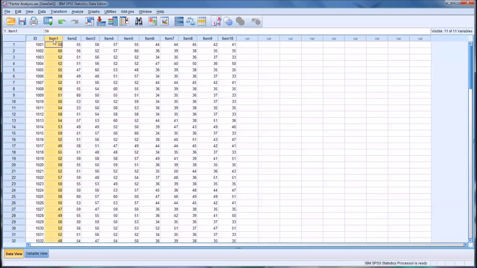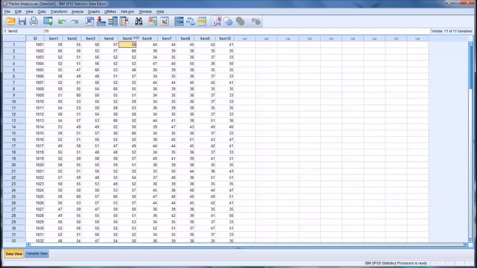This item might be a question related to sleep patterns, which have been tied to depression. This item might be an item that asks about not having enjoyment in activities that once provided enjoyment, another criteria for depression. So these are actual individual items or questions on an assessment, so you have to record them in this way in order to run a factor analysis.